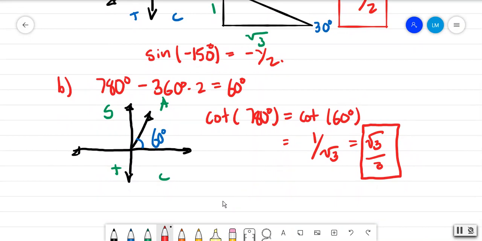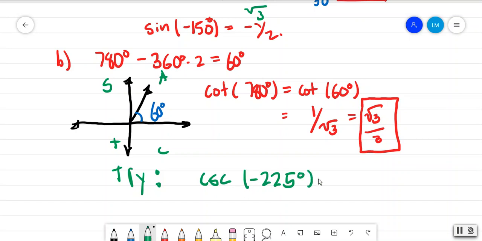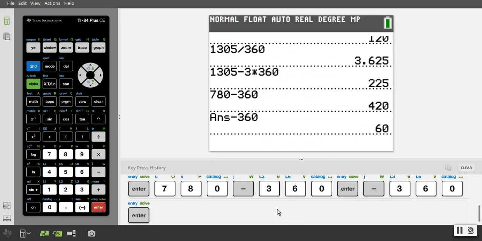Now, what you can probably do is try to find the cosecant of negative 225 degrees and see what that gives you. Note that you can evaluate these if you wanted to.